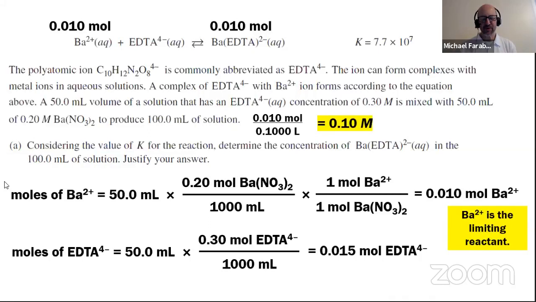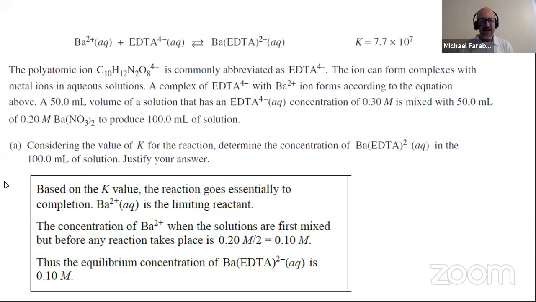Now, watch how simple the official scoring guidelines look on this question. So it says, based on the K value, the reaction goes essentially to completion, and barium 2+ is the limiting reactant. So when you go from 50 plus 50 to 100, you're essentially doubling the volume. And when you double the volume of a chemical, you cut the concentration in half.